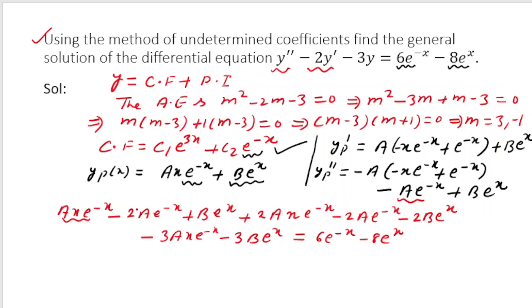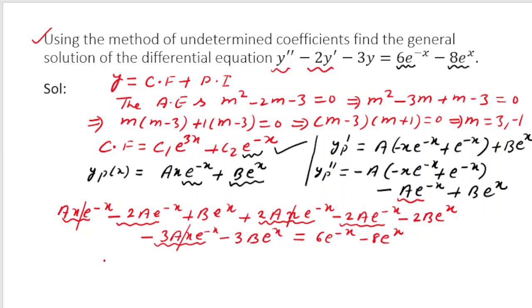So let us simplify the terms. If you look at this term here, it is a x e to the power minus x, and it is 2a x e to the power minus x. So a plus 2a is 3a x e to the power minus x, and minus 3a x e to the power minus x. So this term and this term will cancel. Now we have minus 2a e to the power minus x and minus 2a e to the power minus x.